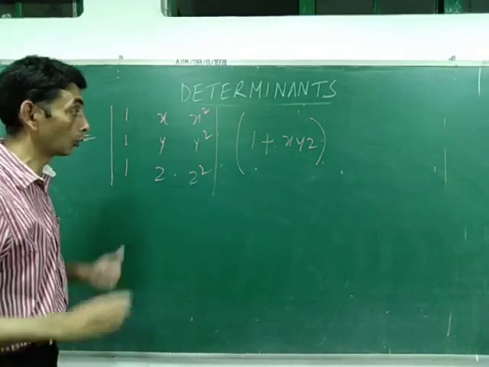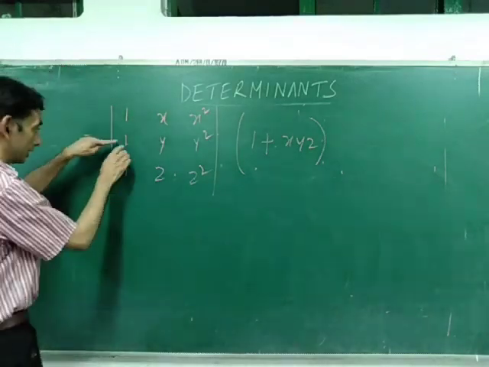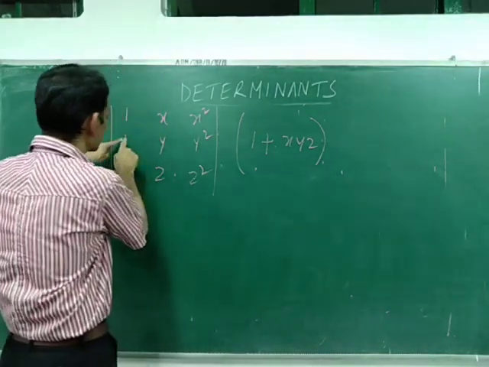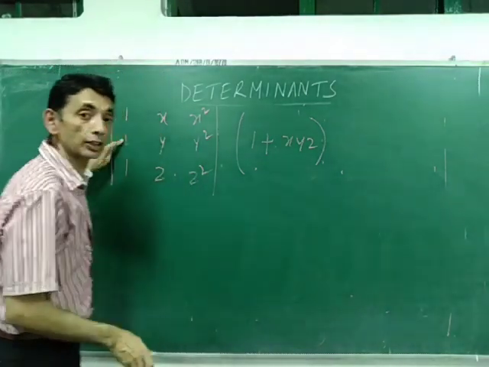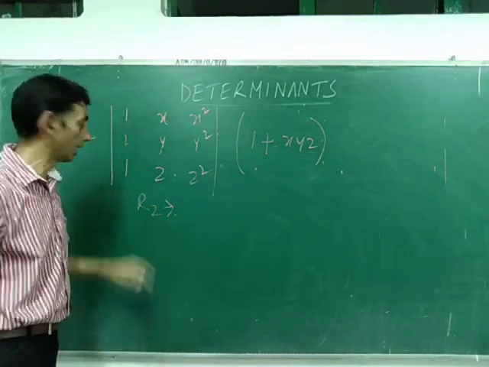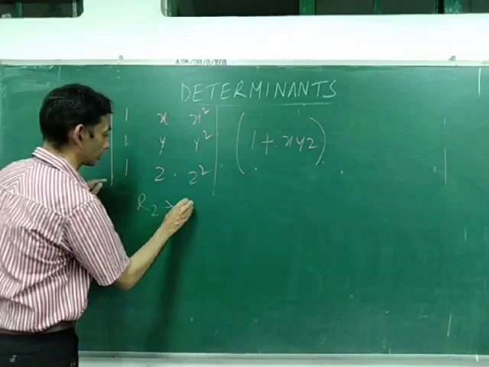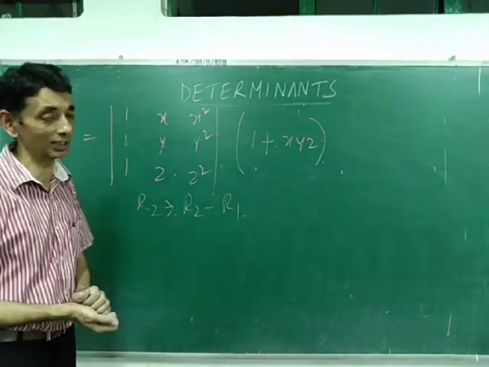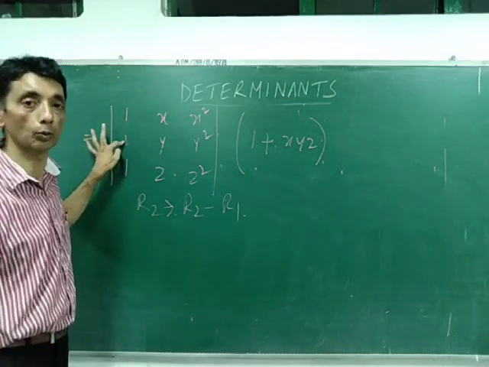How can you do that? What operation are you going to use? You cannot affect only one element, so we are going to affect the second row. R2 will subtract R1, so R2 minus R1. Why are we doing that? The logic is simple: you want to make that 1 a 0.